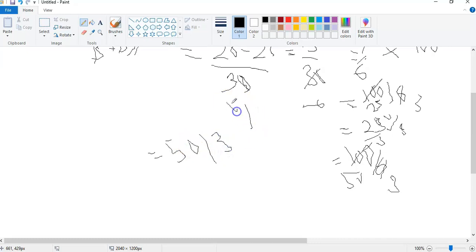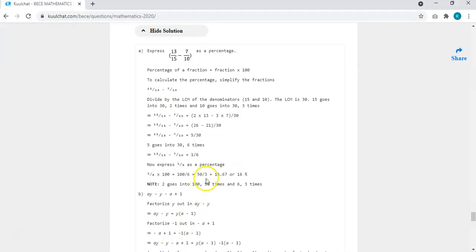This is in percentage. So when you solve it, the answer you get is the percentage. You can also write it as a mixed fraction. So how many times can 3 go into the 50, and what will be the remainder? Then you express it as a mixed fraction. So you get 16.6 recurring, so you get 16.67.